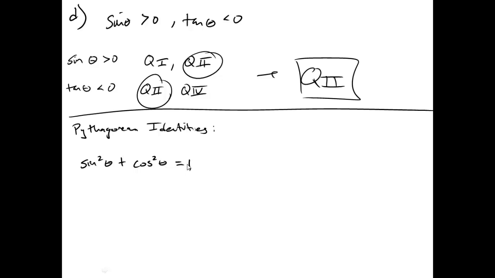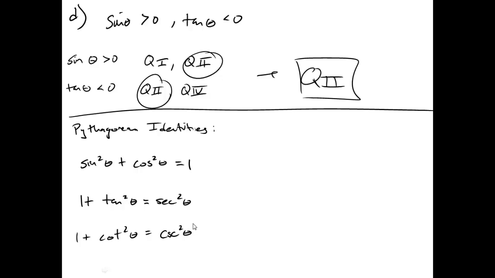It's probably the most important one to know. 1 plus tangent squared theta equals secant squared theta, and 1 plus cotangent squared theta equals cosecant squared theta.